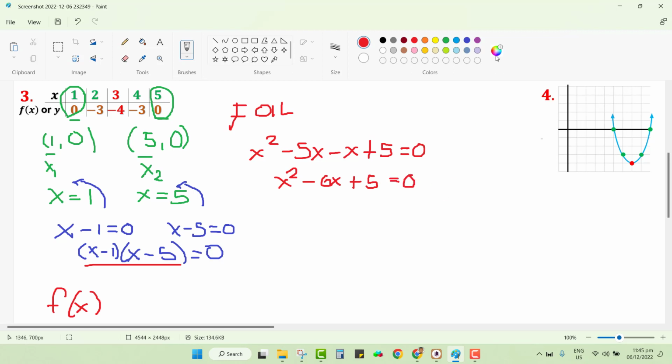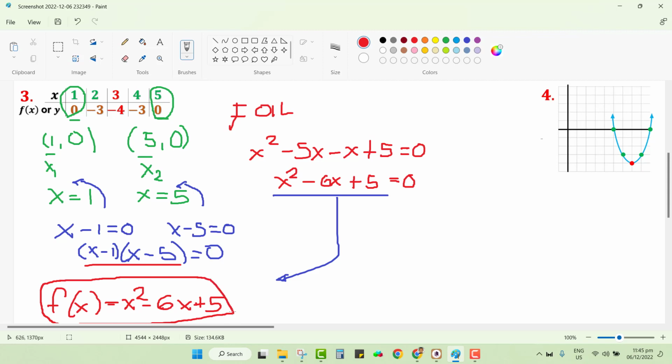Again, we will not be taking the entire expression here, just this quadratic form, and place it here. Therefore, our function is given as x squared minus 6x plus 5. This is now our given standard form.